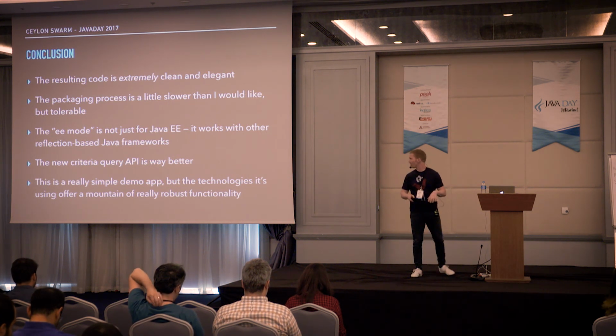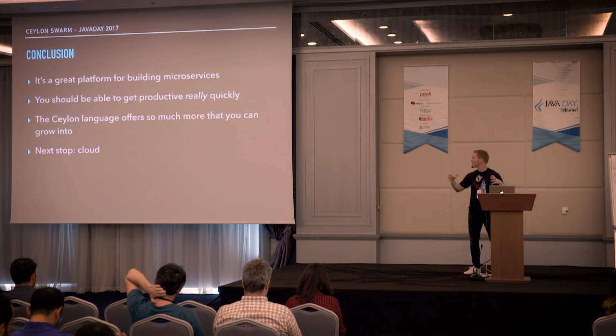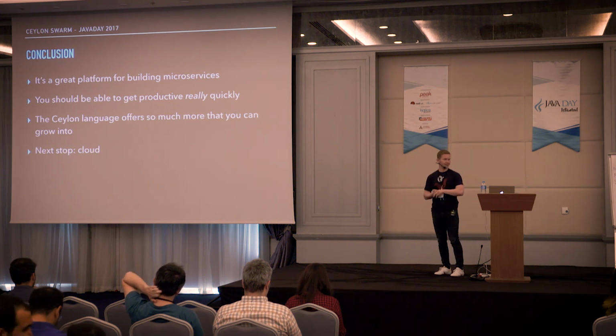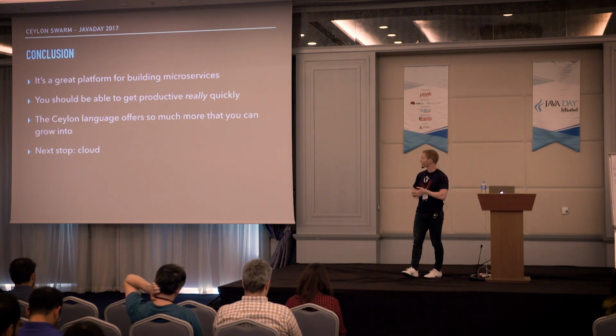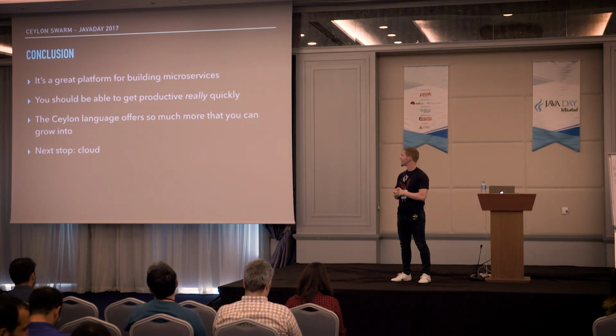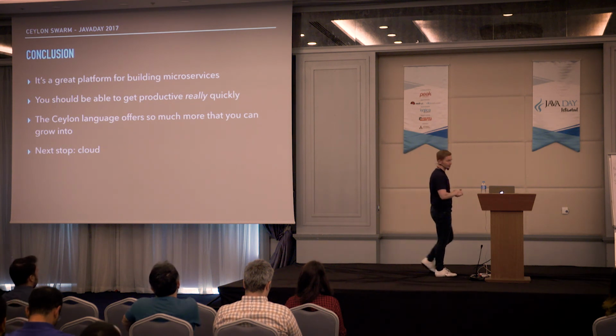This is a simple demo app, but the technologies it's using offer a mountain of stuff to really get your teeth into. This is a great platform for building microservices. You can get productive really quickly with this, and then Ceylon offers a lot more functionality you can grow into.